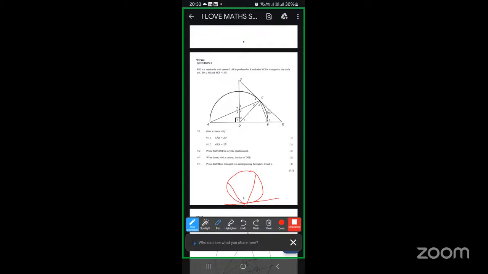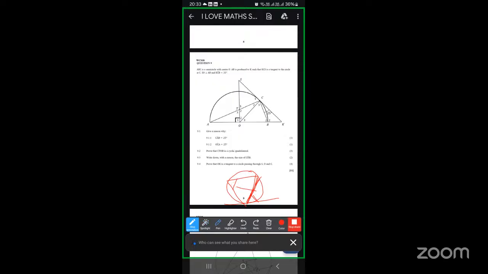This is the triangle. If we are talking about this angle that is between the tangent and that chord, you are going to go to the angle that is opposite this chord, which is that one right there. So this angle here is equal to that angle there.